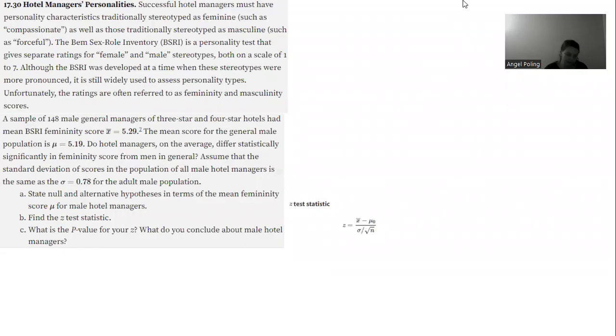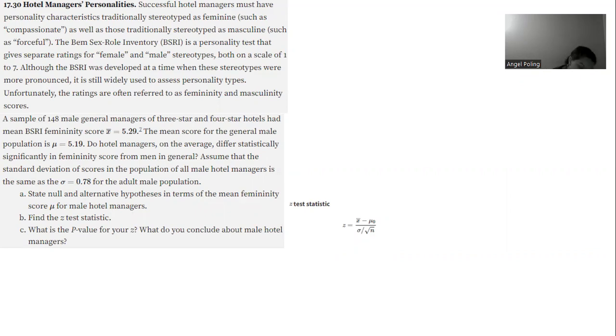Okay, last problem. Number 30. We've got hotel managers' personalities. Successful hotel managers must have personality characteristics traditionally stereotyped as feminine, such as compassionate, as well as those traditionally stereotyped as masculine, such as forceful.